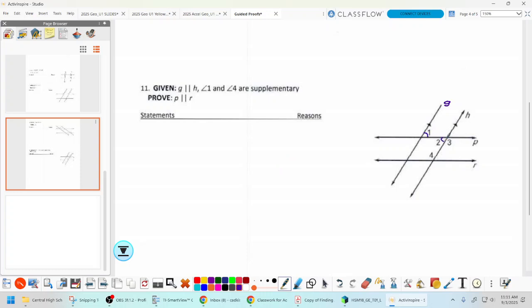Again, I can't jump from 2 to 4 because we don't know P and R yet. But 2 and 3 are a linear pair, so that might come up. And that has nothing to do with P and R being parallel. That step that I was just talking through is just translating what we know to the picture, but also starting to make a strategy.